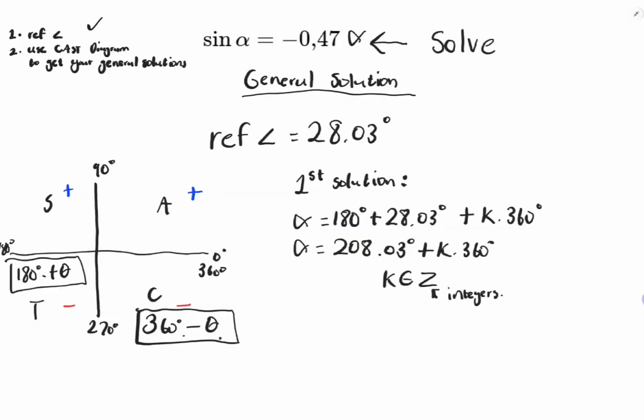So what does this mean? Why do we include the k dot 360 degrees? By the way, we only include k dot 360 degrees for sine and cos, not for tan. Here we got 208.03 degrees, so it's going to be somewhere here, between 180 and 270 degrees.